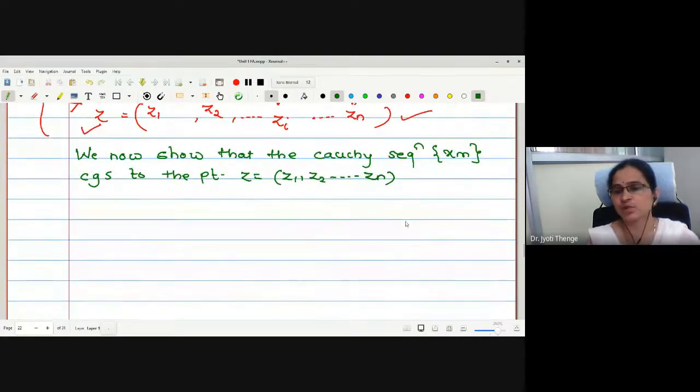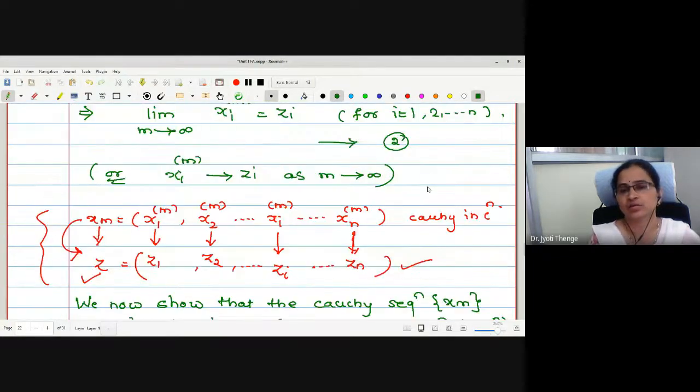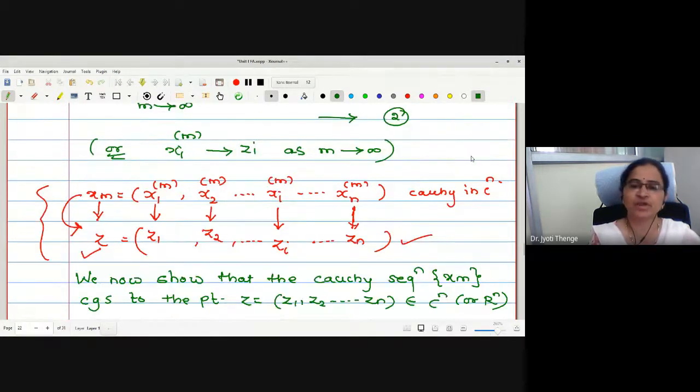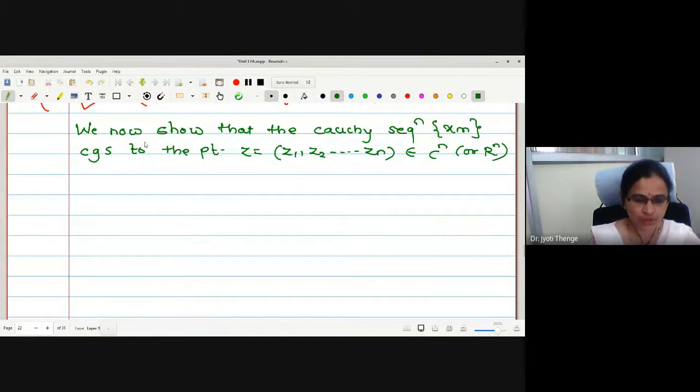And this belongs to Cn or Rn. Why? Because each zi is in C or R. Therefore, if I collect all the n-tuple vectors, all zi in C, it will be a vector in Cn. Okay? That is actually what I write. That is to prove coordinate wise convergence. Right now?